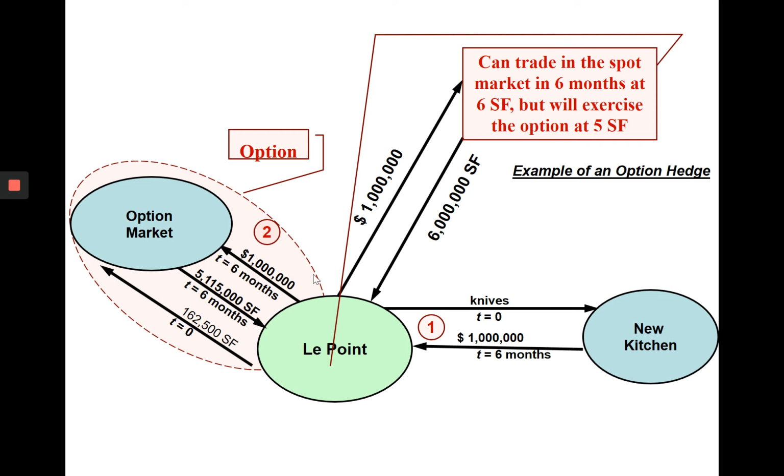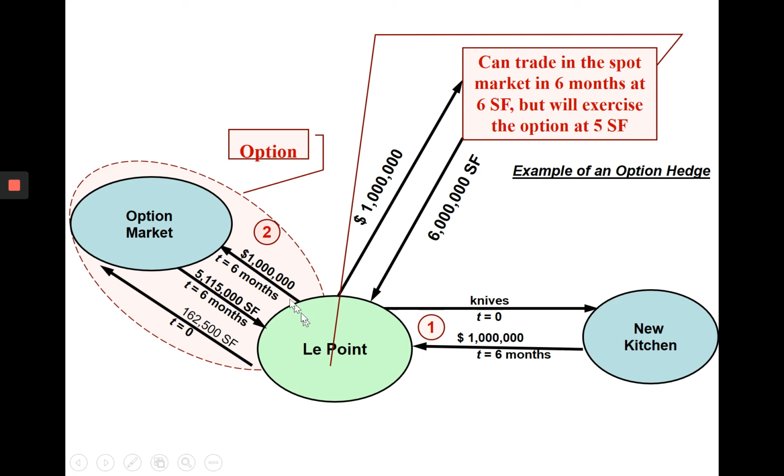Now let's go to the future. 6 months passes, and the Swiss franc is at a rate of 5. So if we are La Pointe, we receive our $1,000,000 from the Americans, we can hand it over to the spot market and get 5 million Swiss francs for it at a rate of 5.